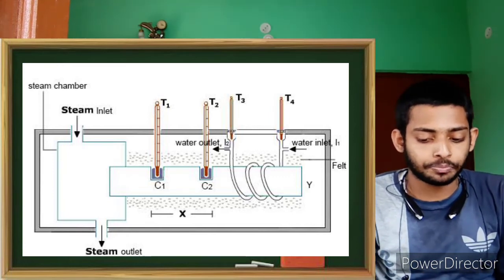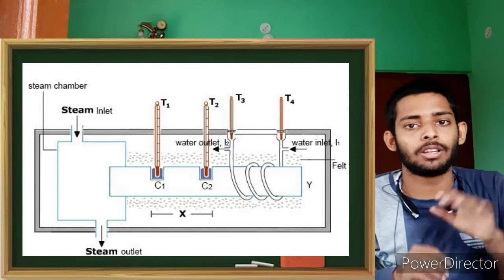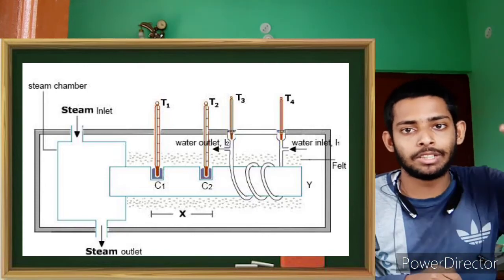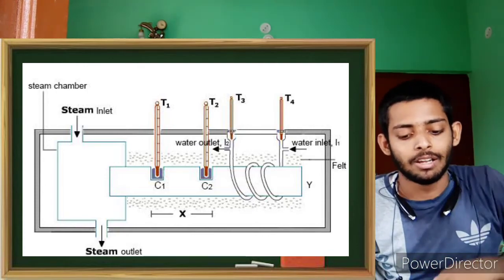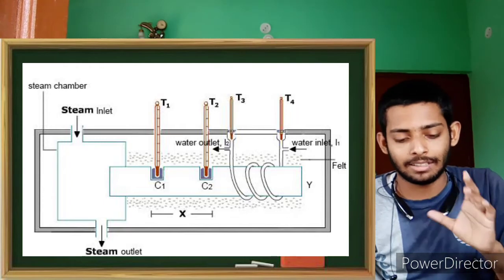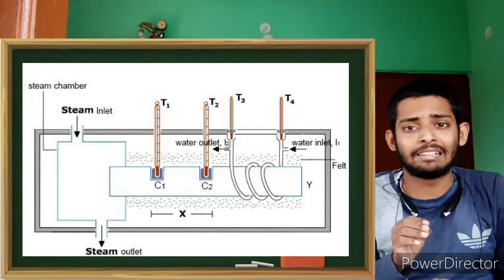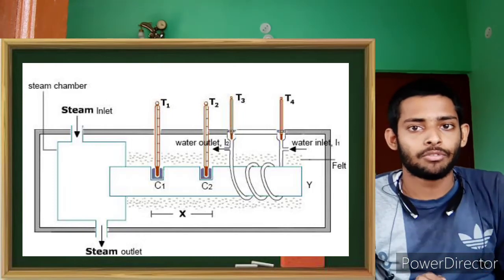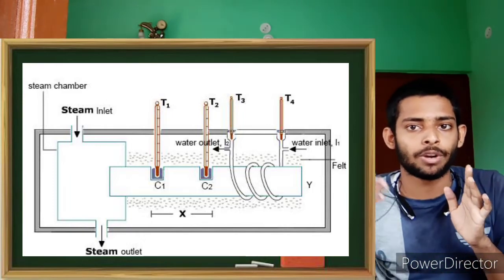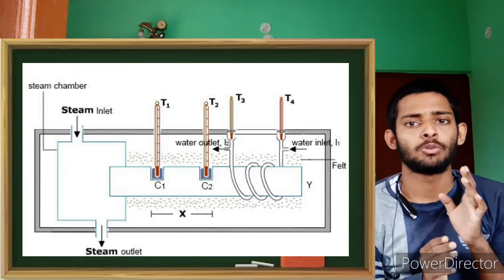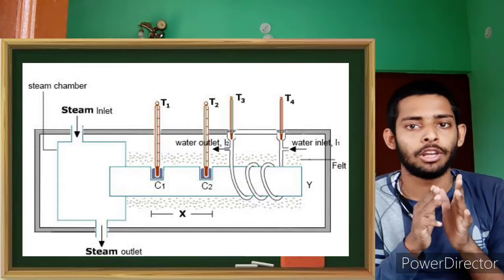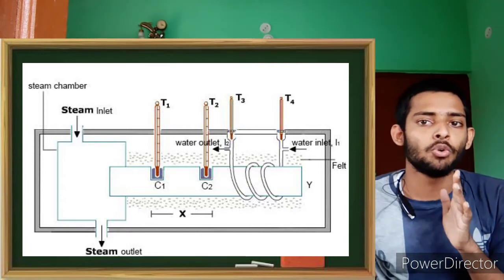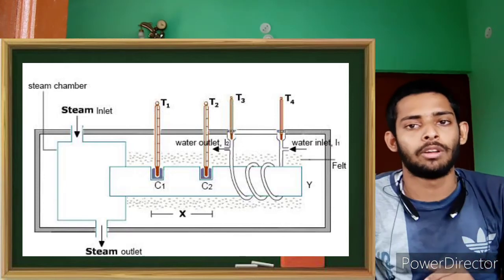For the experiment, we start giving steam in the steam section, and the rod will gradually start heating up from the leftmost part to the rightmost part. First the leftmost part will heat, and molecules will transfer heat energy gradually along the rod.